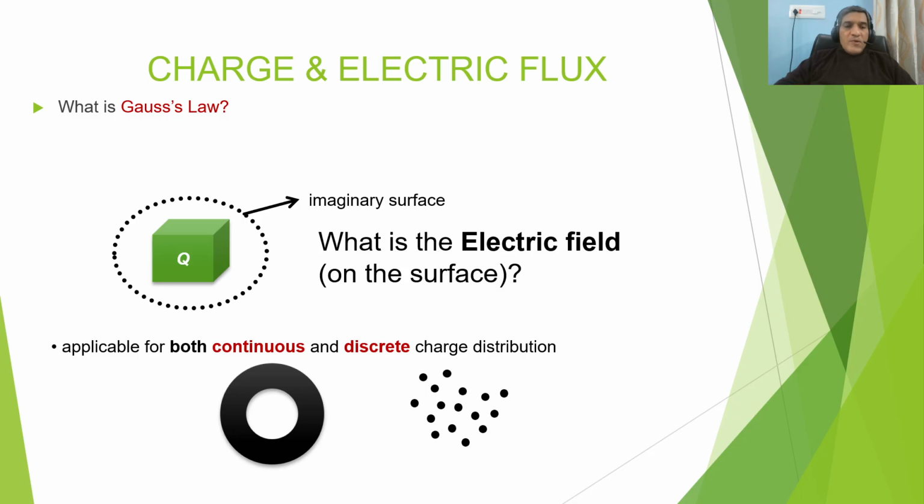As you see in this PPT, we have a first figure with a simple charge q, and a dotted ellipse or circle around it. This imaginary surface is known as the Gauss surface, and it has to be drawn around the particular charge for which we have to find the value of the electric field.